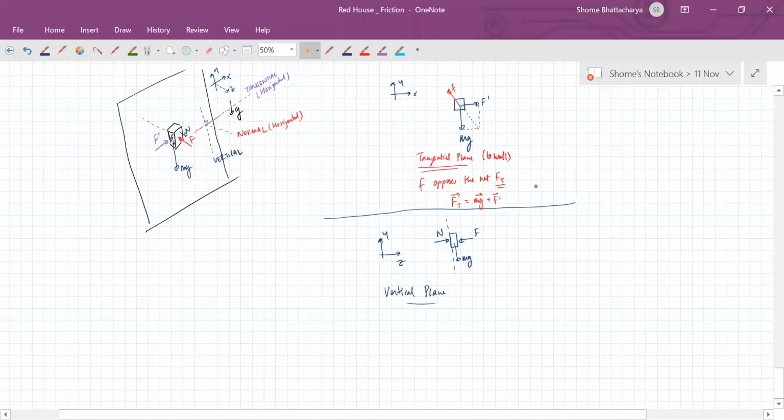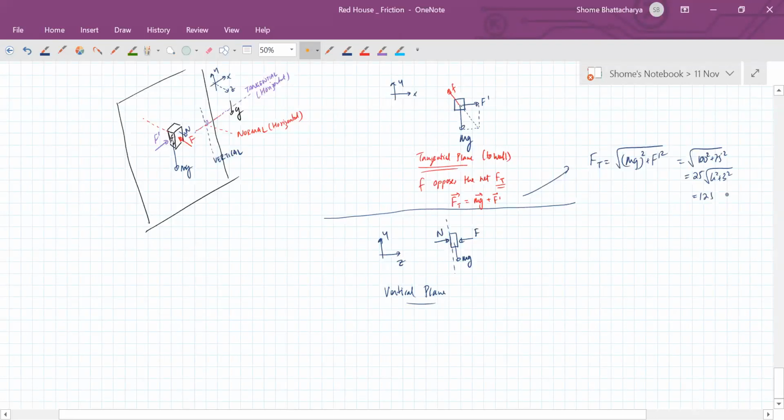So here what is happening? The net tangential force will have a magnitude of square root of mg squared plus F prime squared. When you work it out, you see it's 100 squared plus 75 squared. Is that a nice 3, 4, 5 kind of triangle?